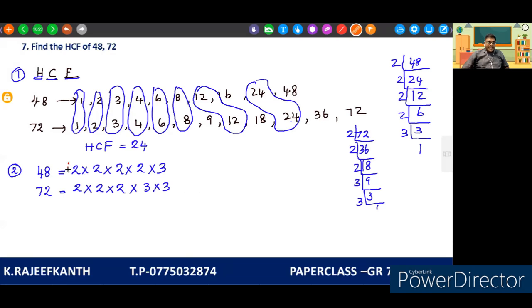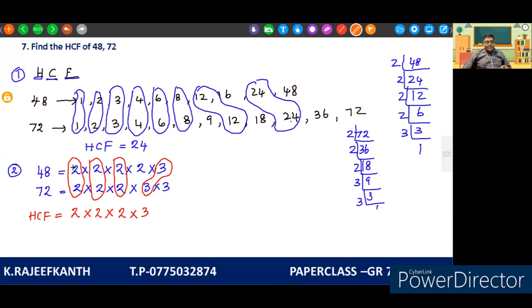Now we have to select the common ones. Here this 2 is common, this 2 is also common, this is also common, and this 3 is also common, right? For 48 and 72. So now we are going to find the highest common factor. We have to multiply all these common ones: 2 into 2 into 2 into 3.